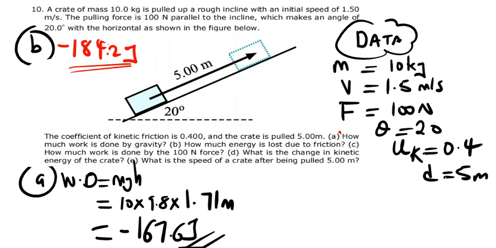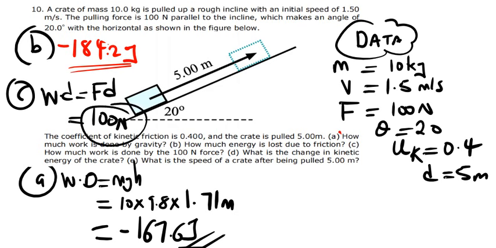Now you know that work done is the same principle, force multiplied by distance. What is the force? We've already been given it, 100 Newton. So there's nothing else to find.